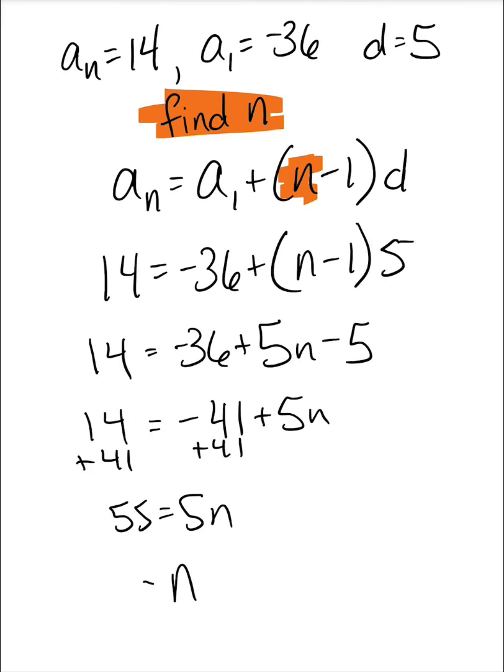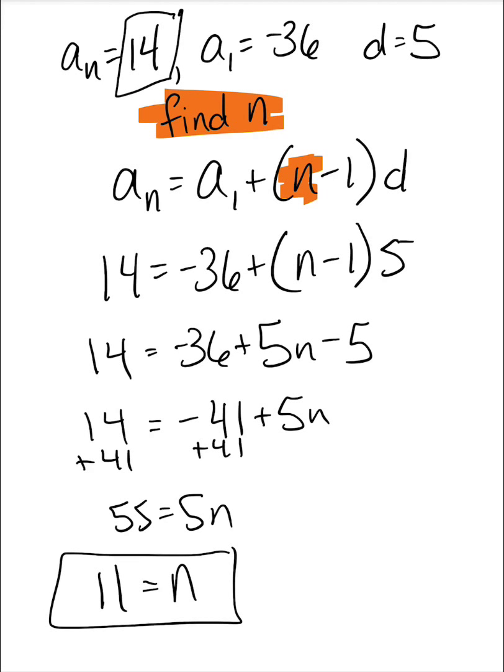So my n term, there it is, is 11. So that means that to get to 14, this is my a sub 11. Whoops, that's sloppy.